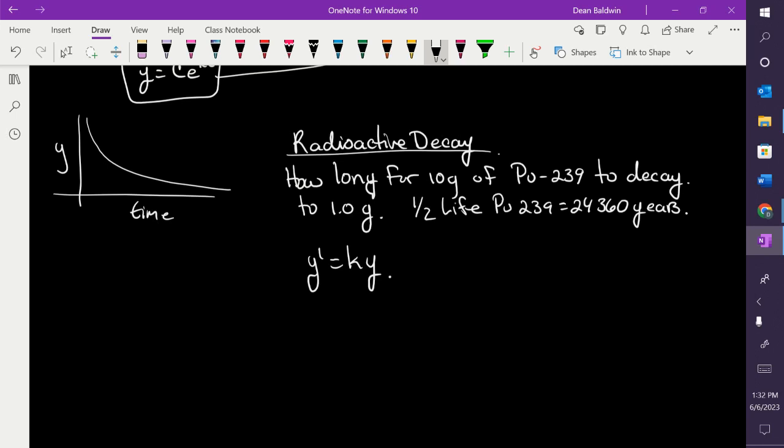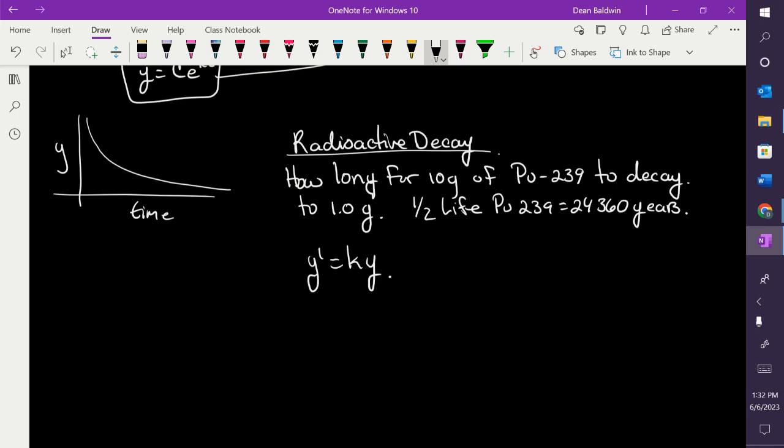If you look at the graph of a radioactive decay curve, the slope at this point is steeper, i.e. it's decaying faster than the slope at this point. So the more plutonium you have, the faster it decays. Then it starts to level out and decays at a slower rate. So that meets this criterion: the rate of change is proportional to how much is left.